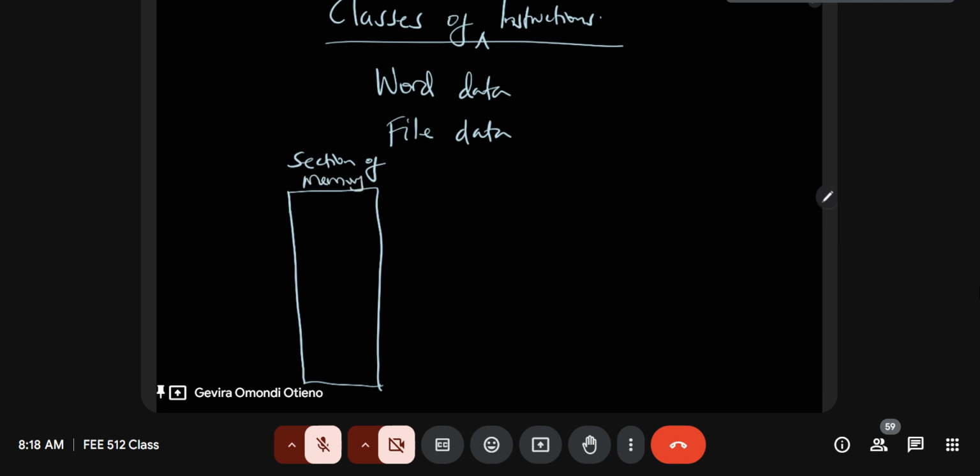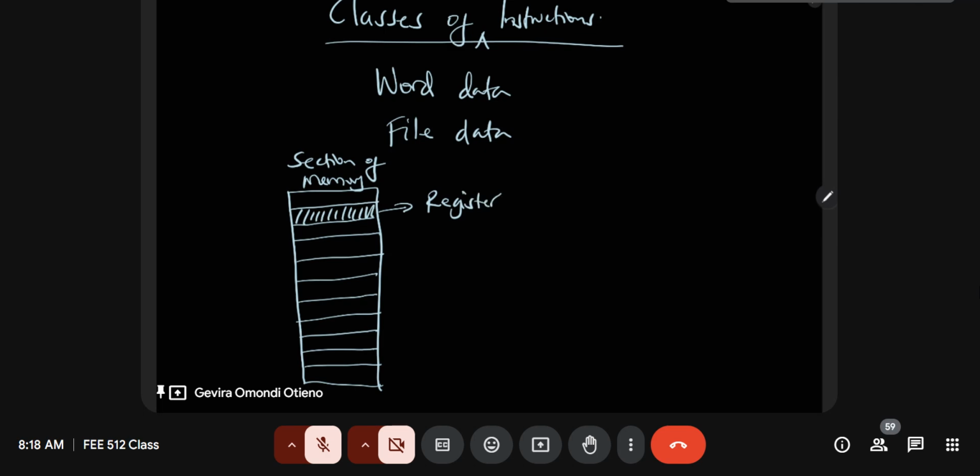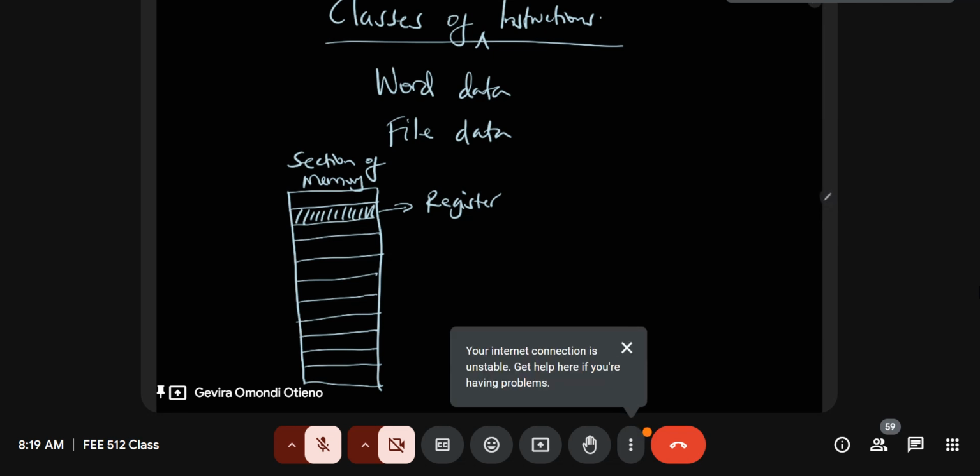In computer systems, memories are partitioned. So let's say in this memory we have segments like this. Each of these segments is known as a register. It's a portion of the entire memory. It's a sub memory, for lack of a better word.